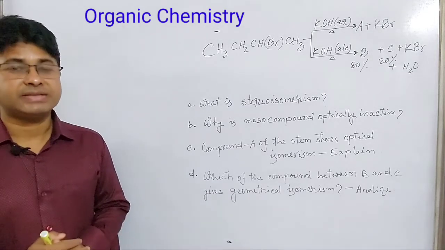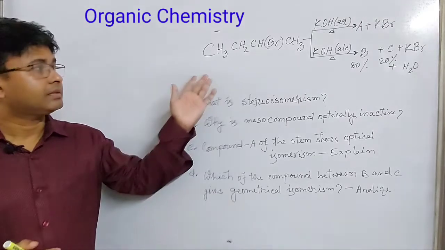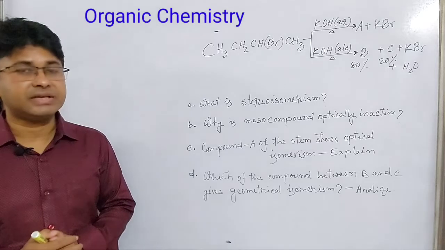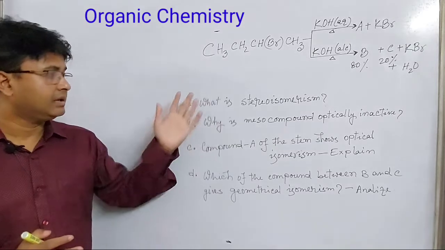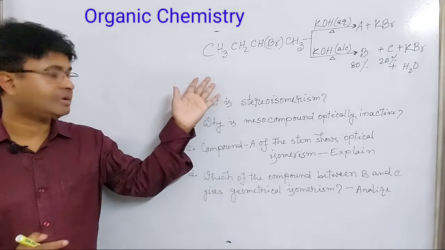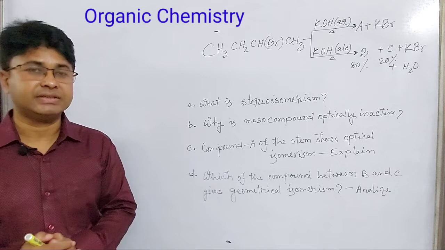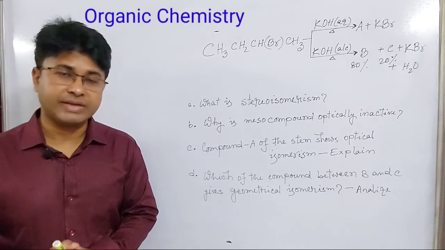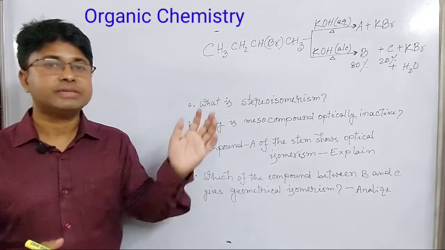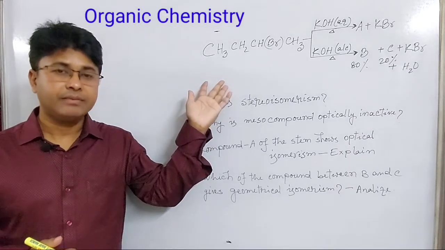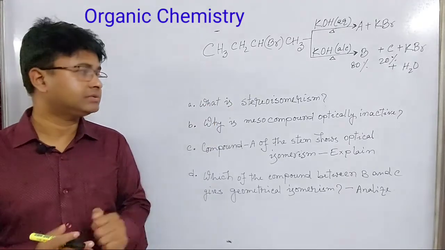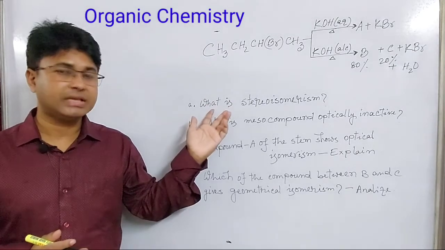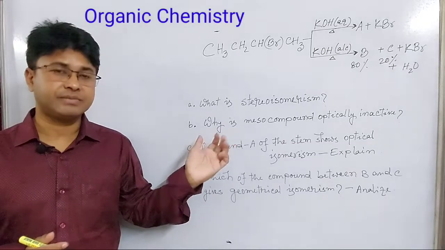Students, you can see a reaction is given in the stem, and based on this stem 4 questions are given here. So students, first you have to know about the reaction. Before starting the stem, I would like to tell you the knowledge based question and comprehensive type question.